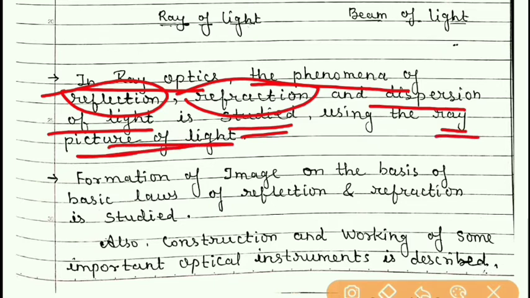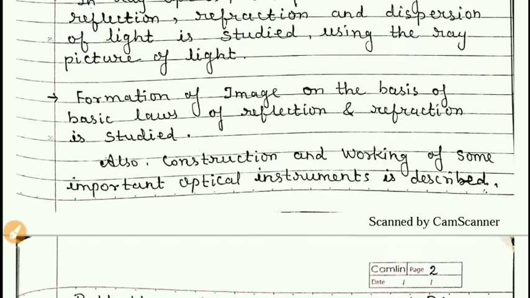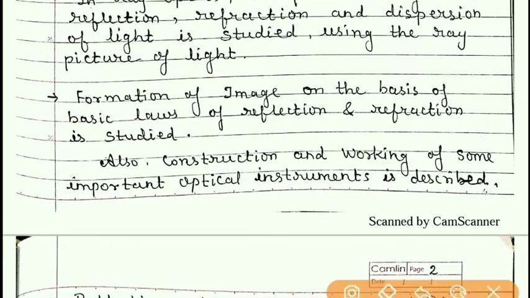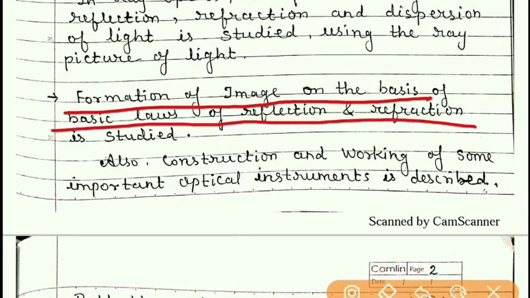Means we will use the geometrical method, the ray diagram method, to explain the image formed by the rays when they reflect or refract. So I have written here, formation of image on the basis of basic laws of reflection and refraction is studied in this chapter.